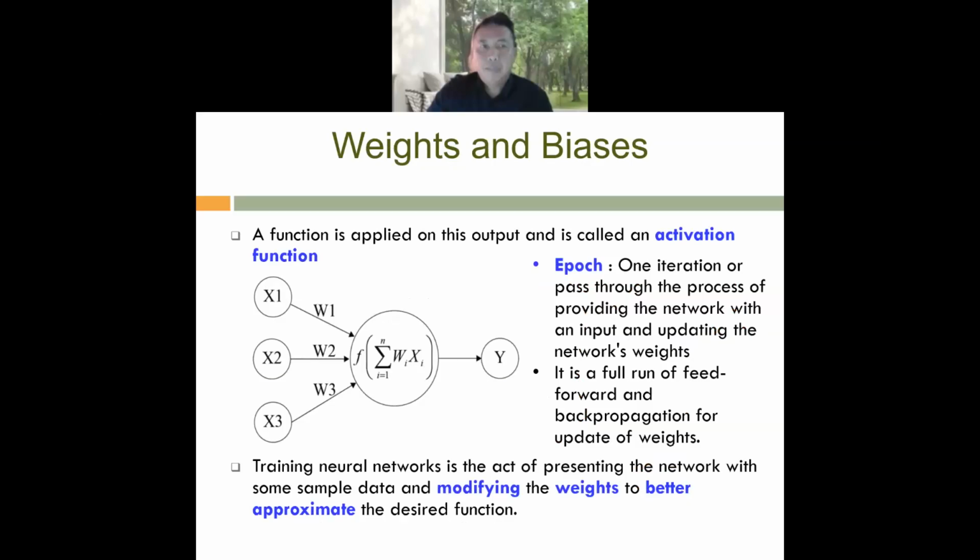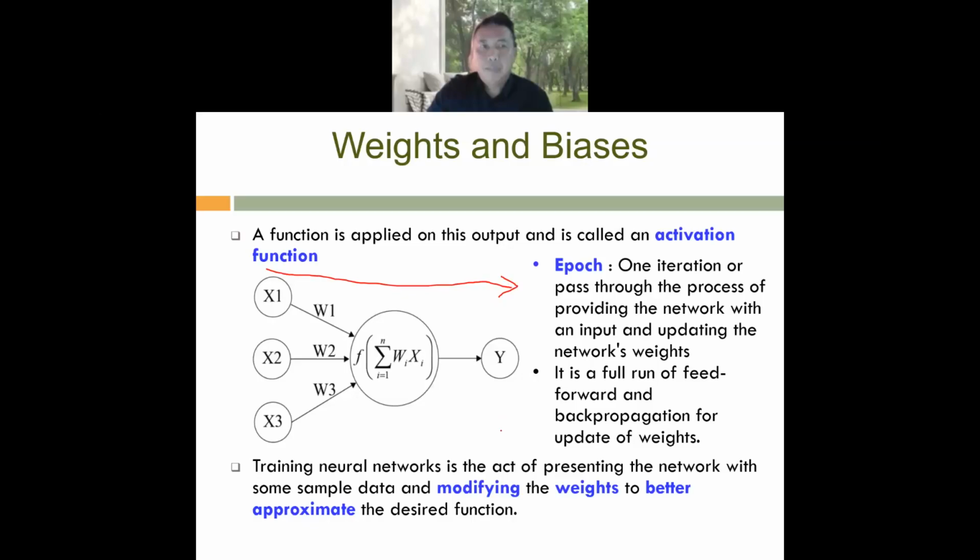So there are some parameters that you need to know about the neural network. Epoch refers to one iteration, meaning one pass through the process of providing the network with input and updating the network weight.